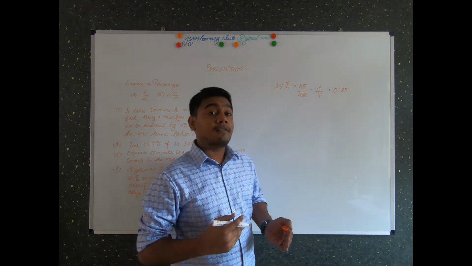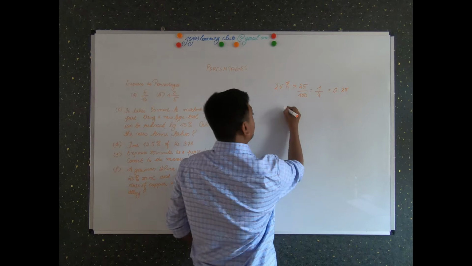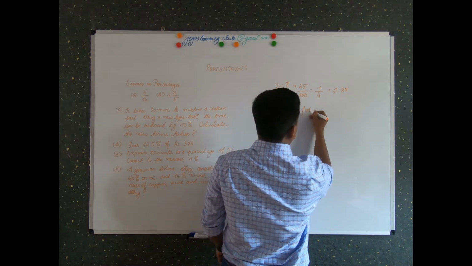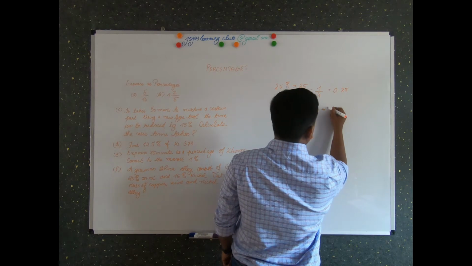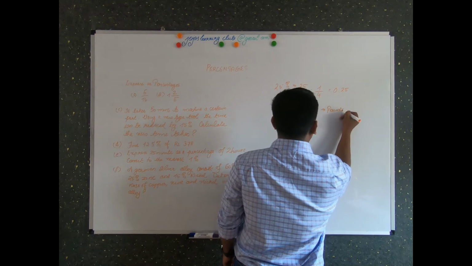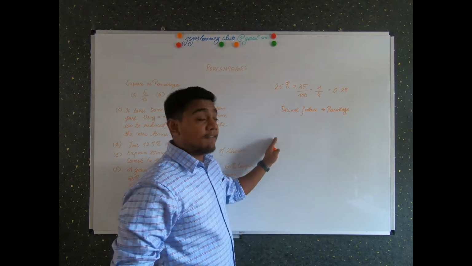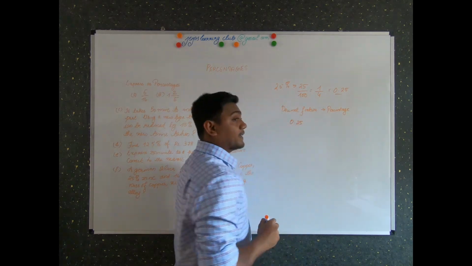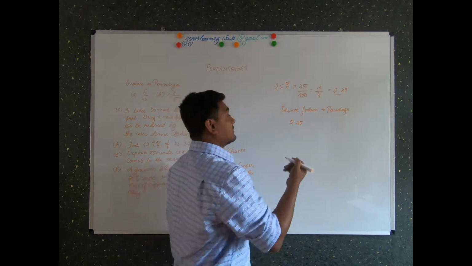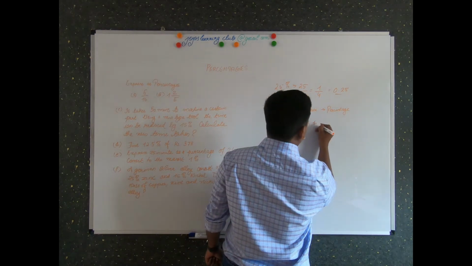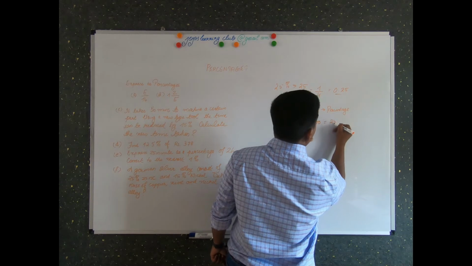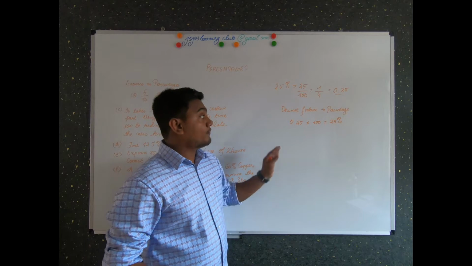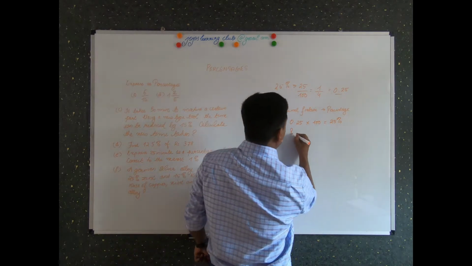So how to convert a decimal fraction to a percentage? You know that 0.25, to convert in terms of percentage, you just have to multiply this by 100, which is 25 percentage.